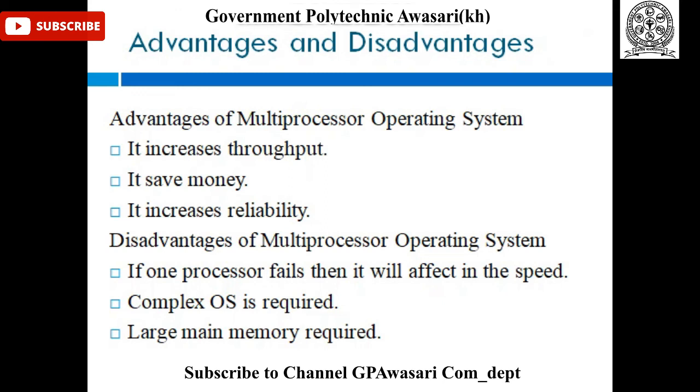Following are some disadvantages of multiprocessor operating system. If one processor fails then it will affect the speed, but it will not affect the whole system. Next, a complex operating system is required. Large main memory is required for the multiprocessor operating system.